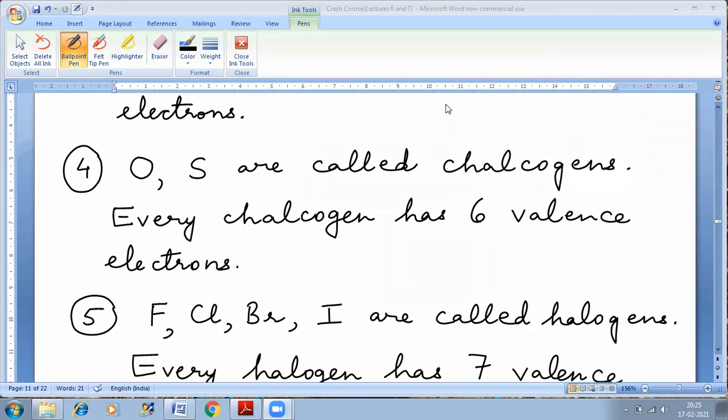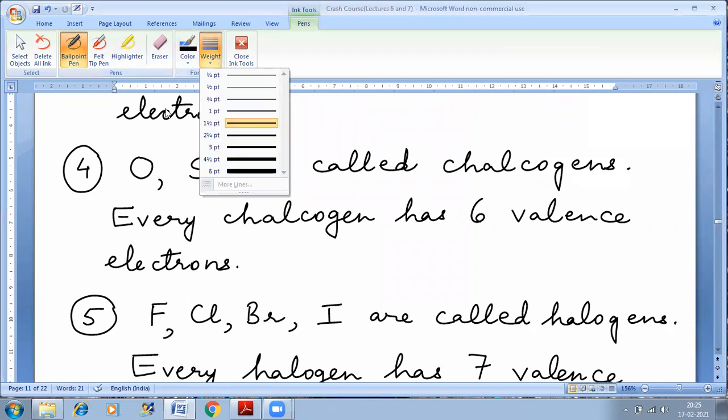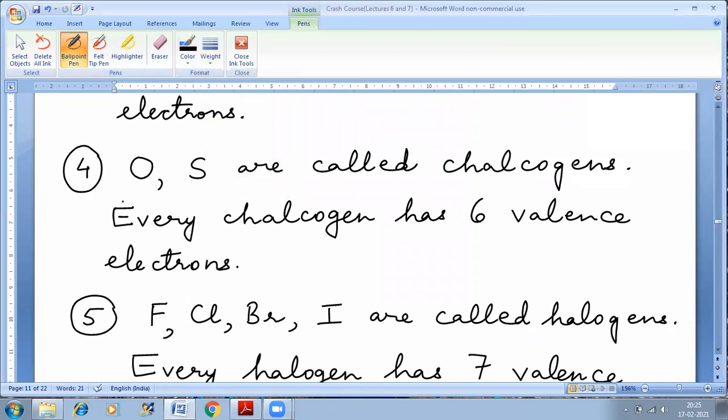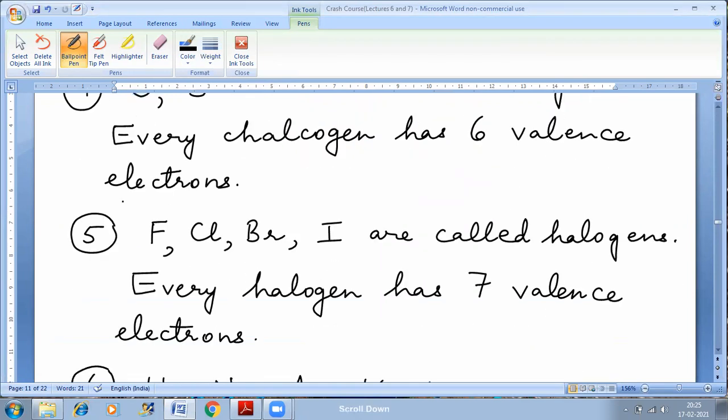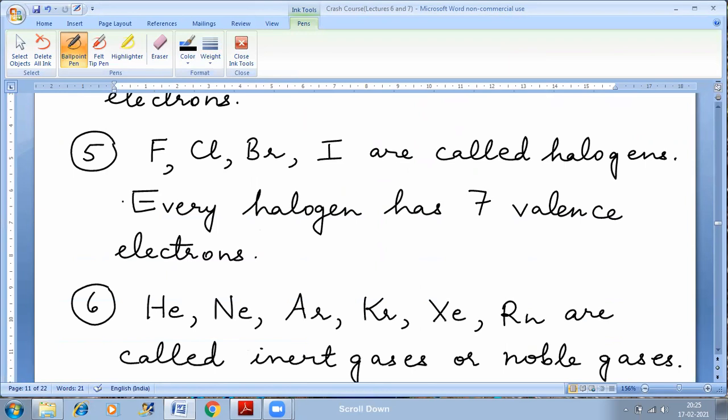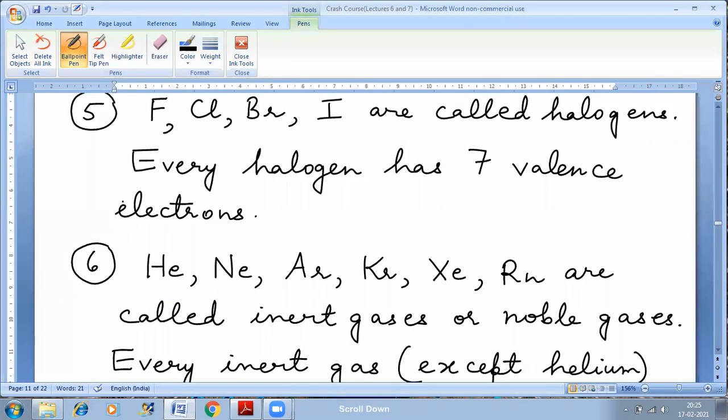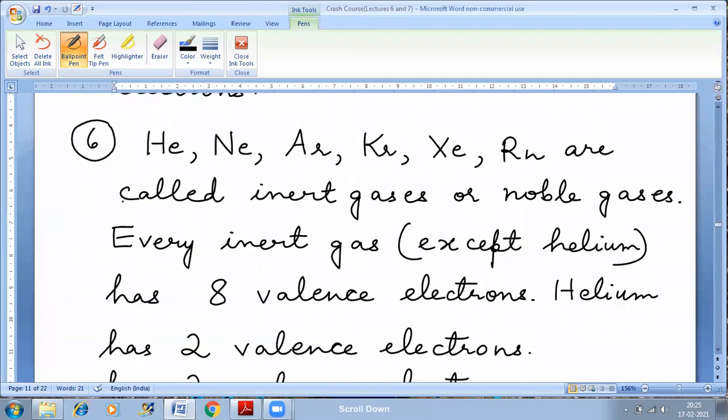Only carbon and hydrogen should be present in a hydrocarbon. So group 17 is this. Group 18 has the inert gases. These are the inert gases.